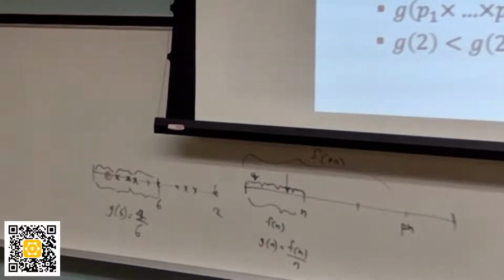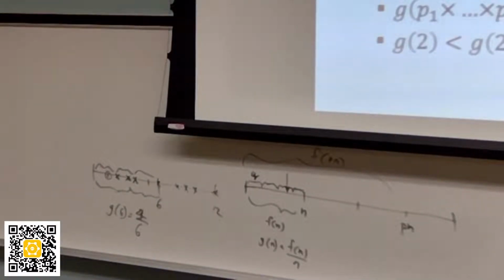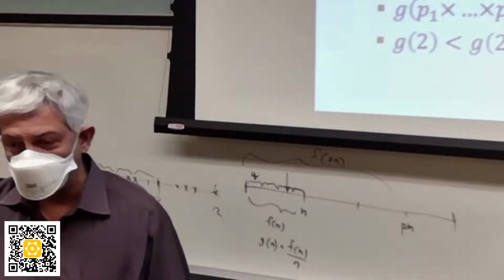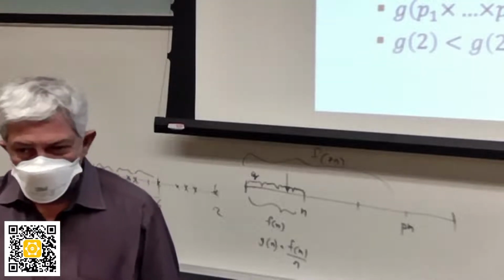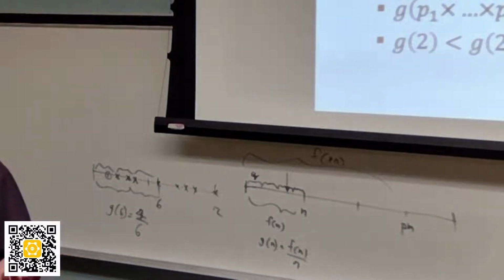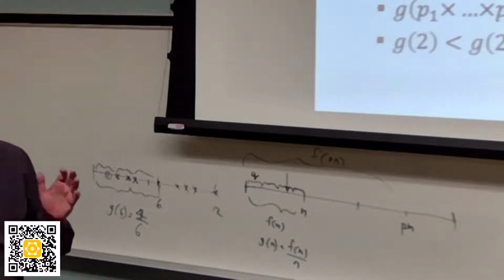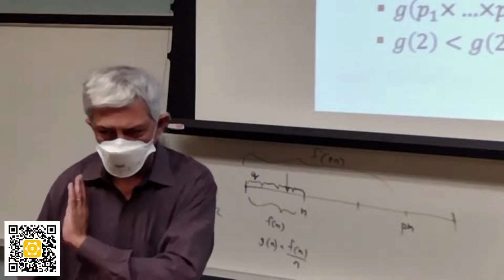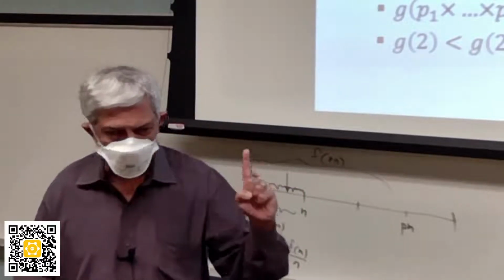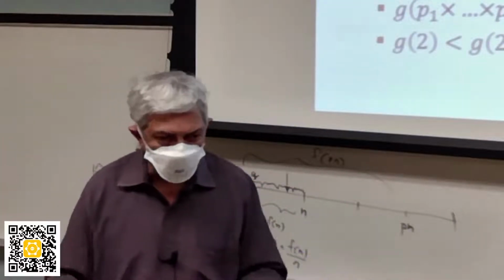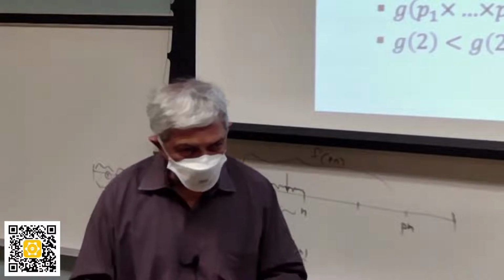So the g value for 6 is going to be the same as 12, the same as 48, same as 96, because only 2 and 3 are factors there. Is that clear? So all we care about is what the prime factors are. And we only care about it once, because if you multiply it more times, it won't make any difference to the g value. All right?